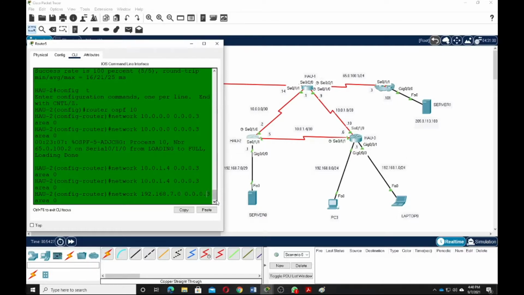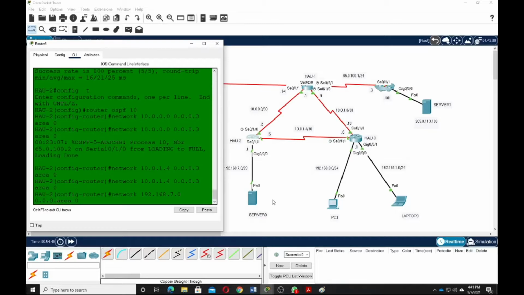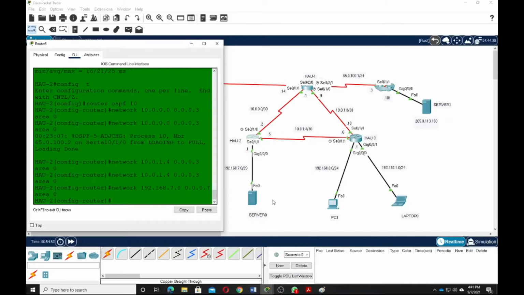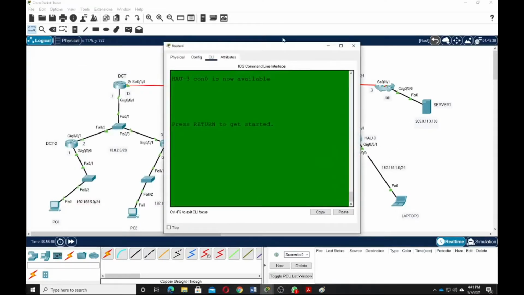So instead of .3, it is .7, sorry. Network 192.168.0.0 with wildcard mask 0.0.0.7, area 0, enter, and then end. And then let's proceed with HAU3.